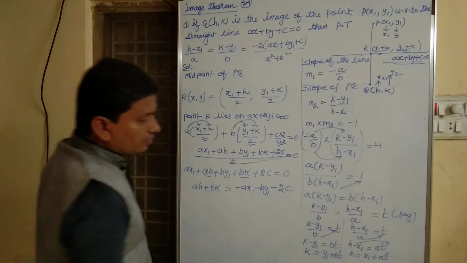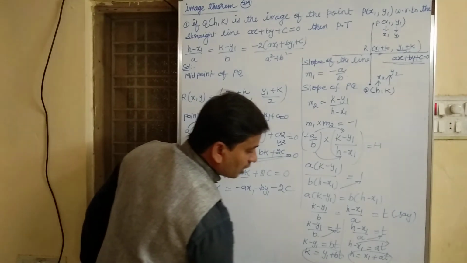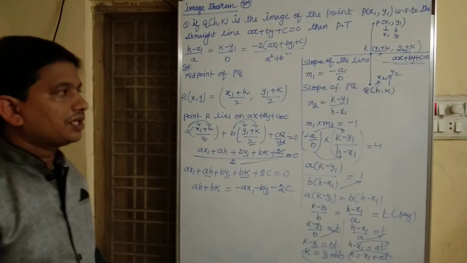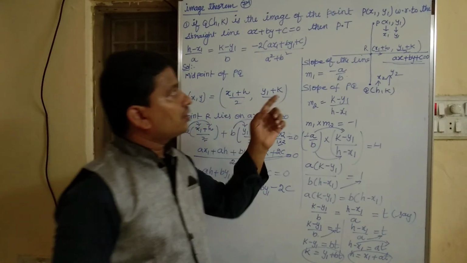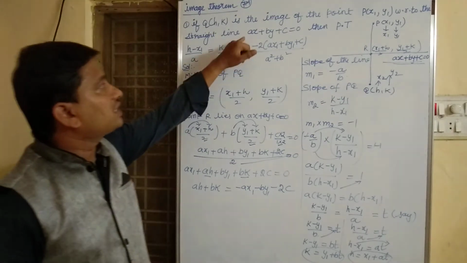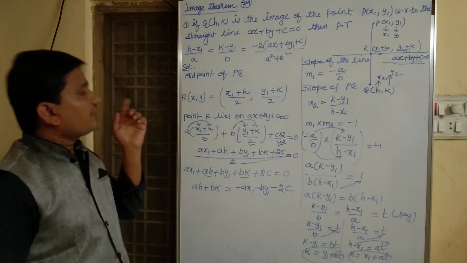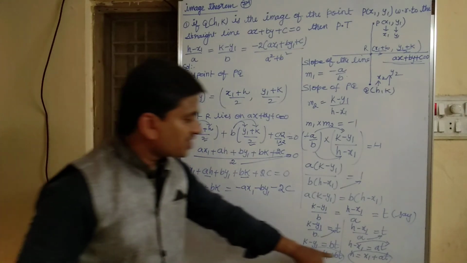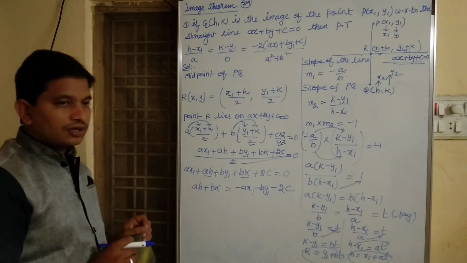So what is the h value? H value is x1 plus at. And what is the value of k? That is y1 plus bt. As we know that Q of h comma k also should satisfy the line ax plus by plus c equal to 0. I mean Q of h comma k, this h comma k also lies on ax plus by plus c equal to 0, right?